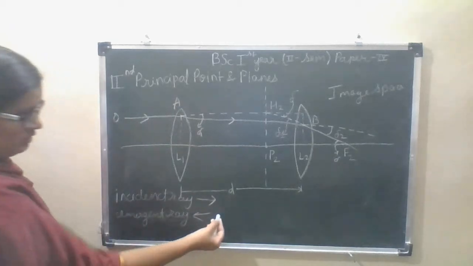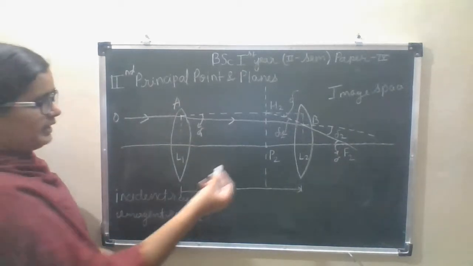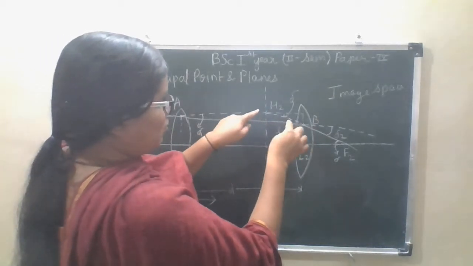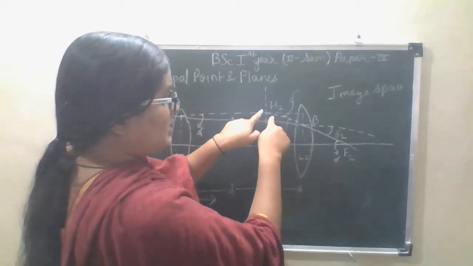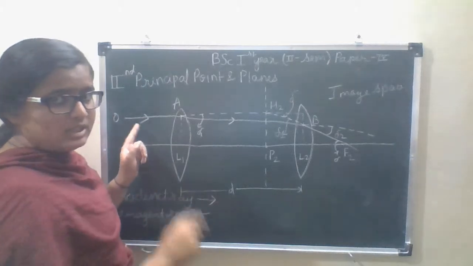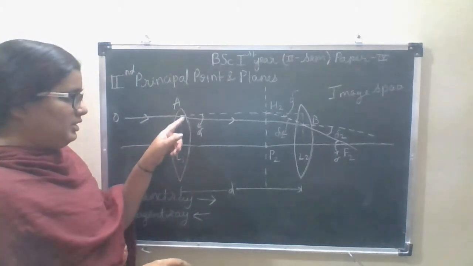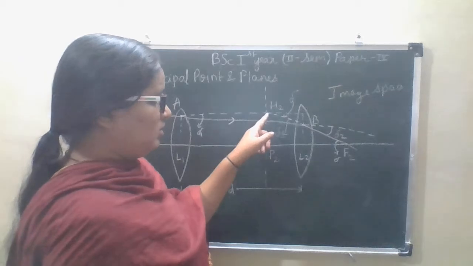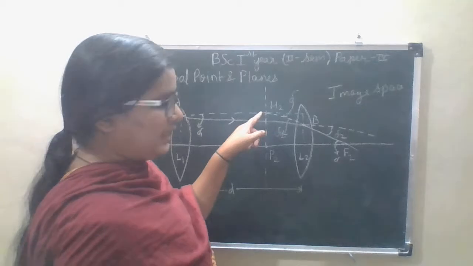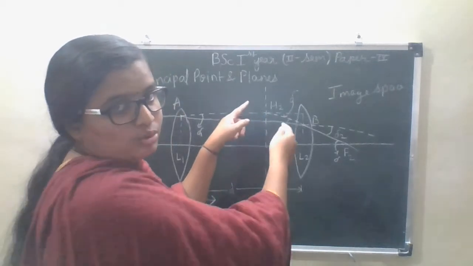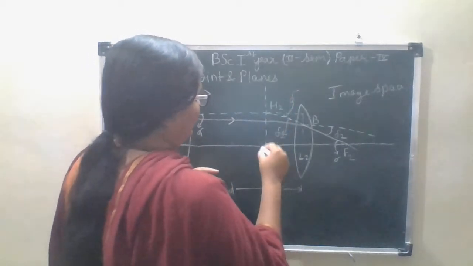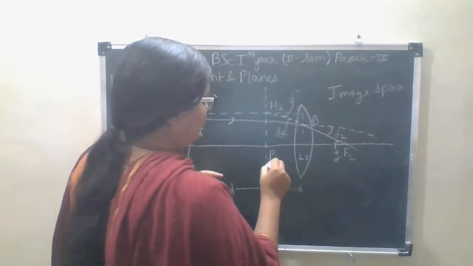Once again, I will repeat: the incident ray is extended forward, and the emergent ray is extended backward, and where both of these rays meet each other, that point is called the principal point.